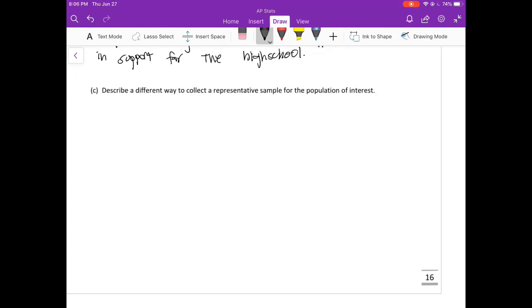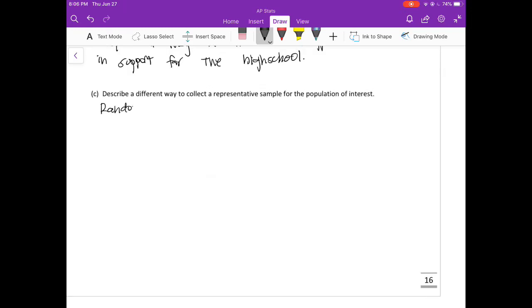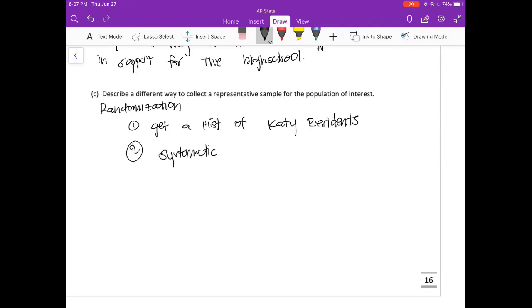C, describe a different way to collect a representative sample of the population of interest. So what she could have done is a randomization, meaning she would get a list of Katy residents and then do a systematic sampling method.